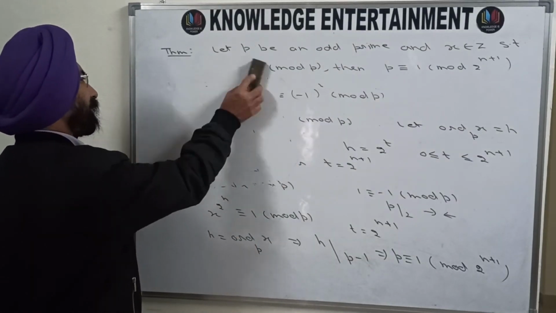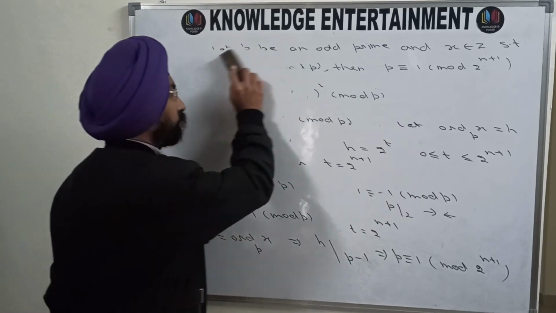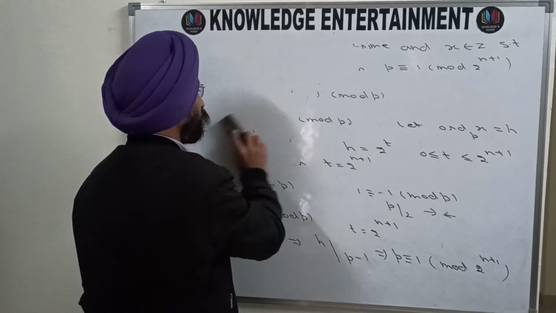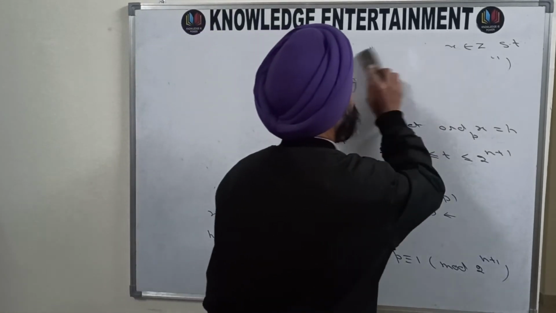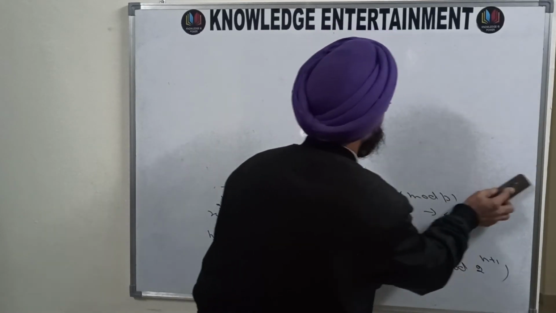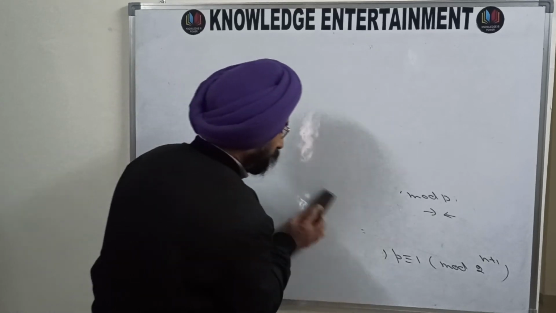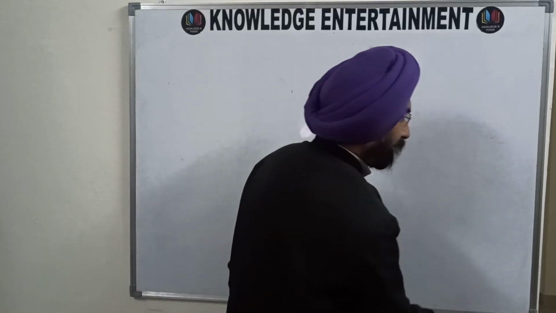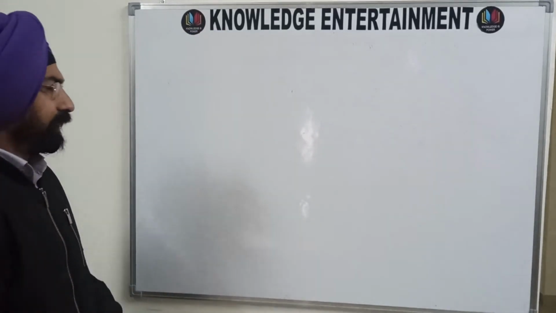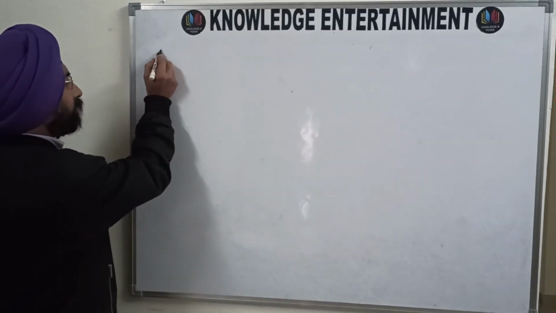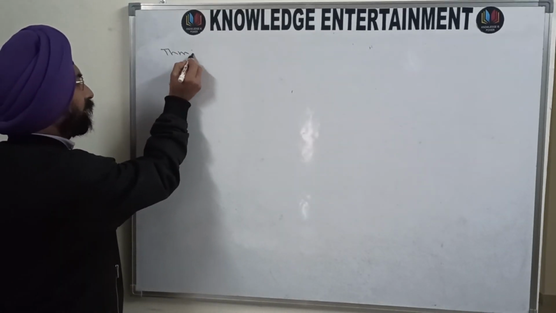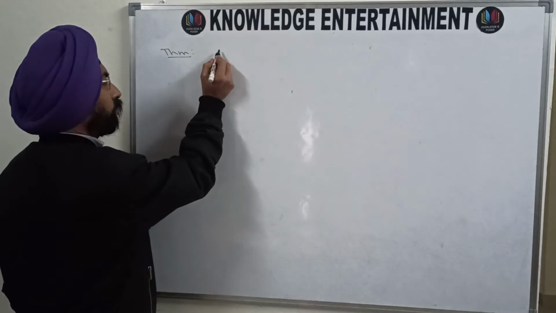Now let us see some more theorems based on primitive roots and indices, and especially based on the order of an element modulo some other integer. Let us see another theorem. Write down the statement and then we'll move on to the proof.